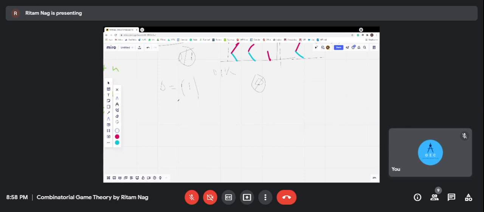At the first step, you get the number 0, which has null set for both of its arguments. At the second step, you get 1 and -1, which have 0/null set and null set/0 for their arguments. So the first is 1, the second is -1.